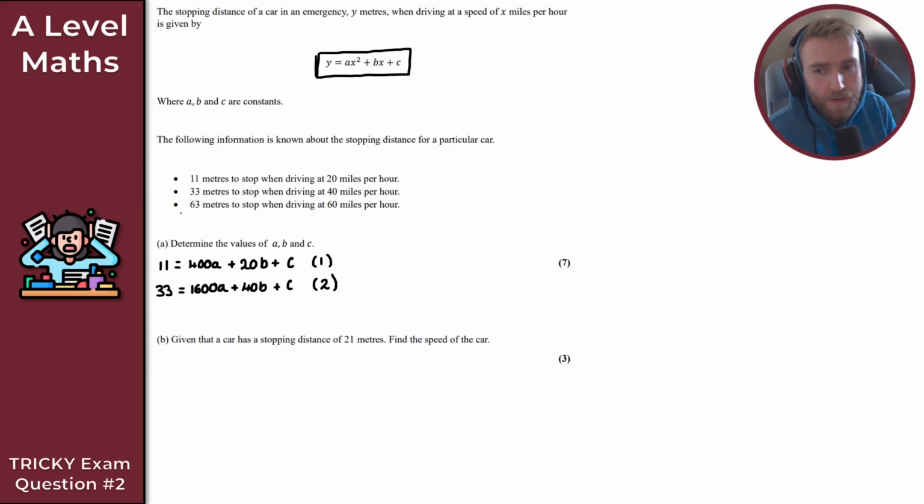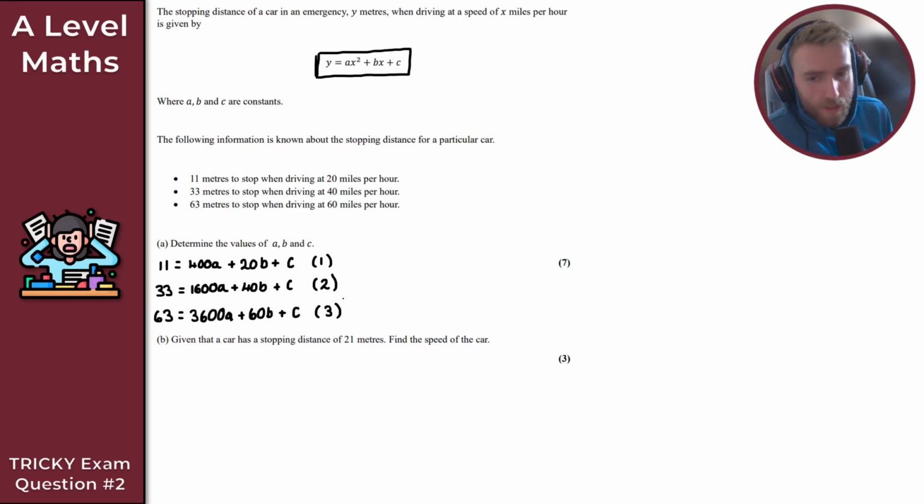And finally, we have the very last equation: 63 meters to stop when driving at 60 miles per hour. 60 squared is 3,600, so I've got 63 is equal to 3,600a plus 60b plus c. Let's label this final equation as equation 3.